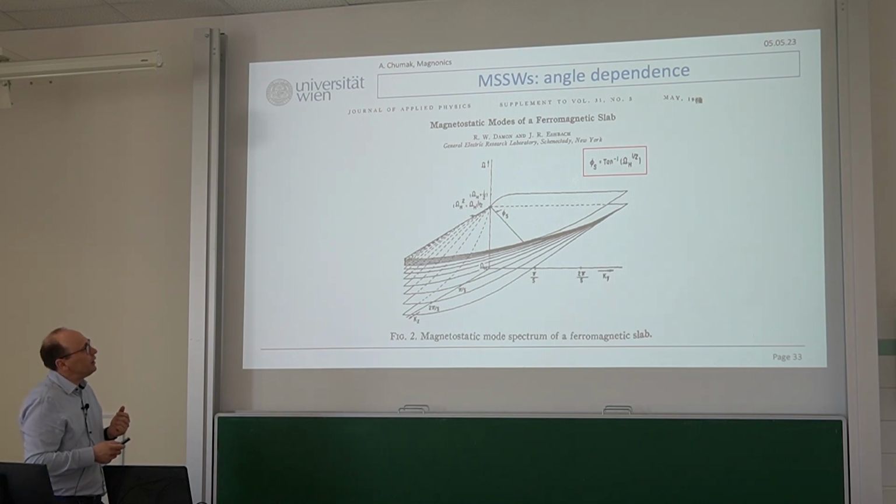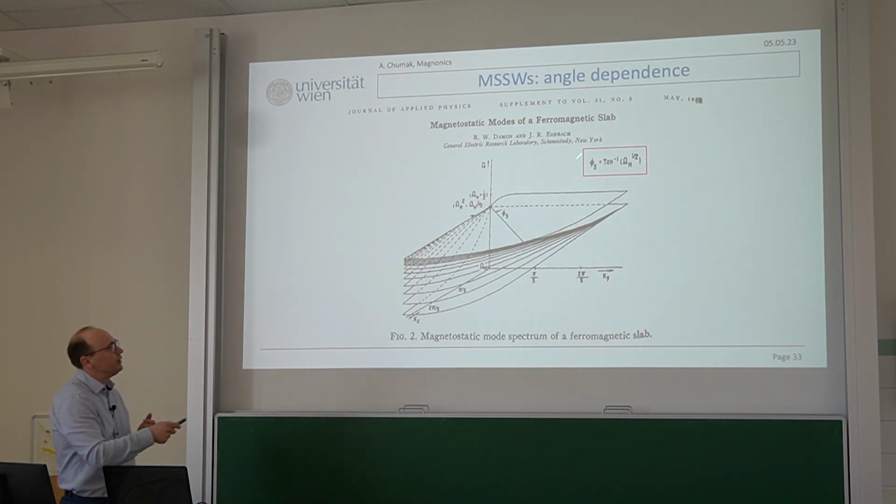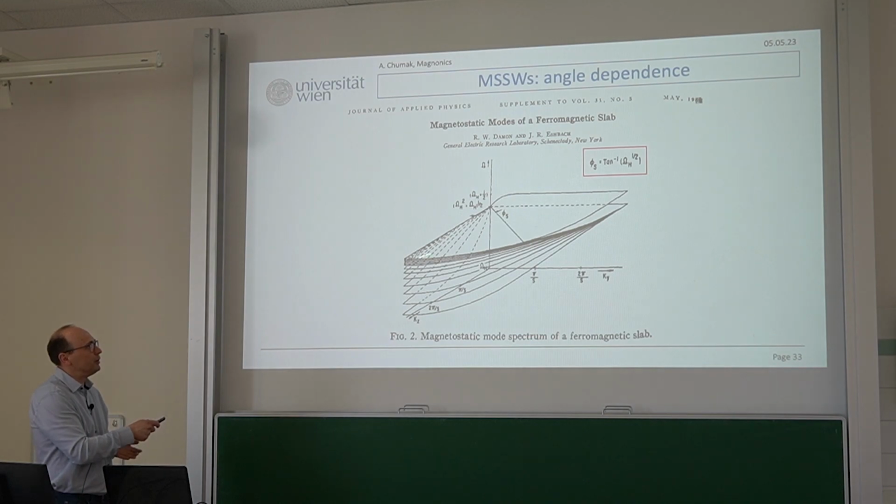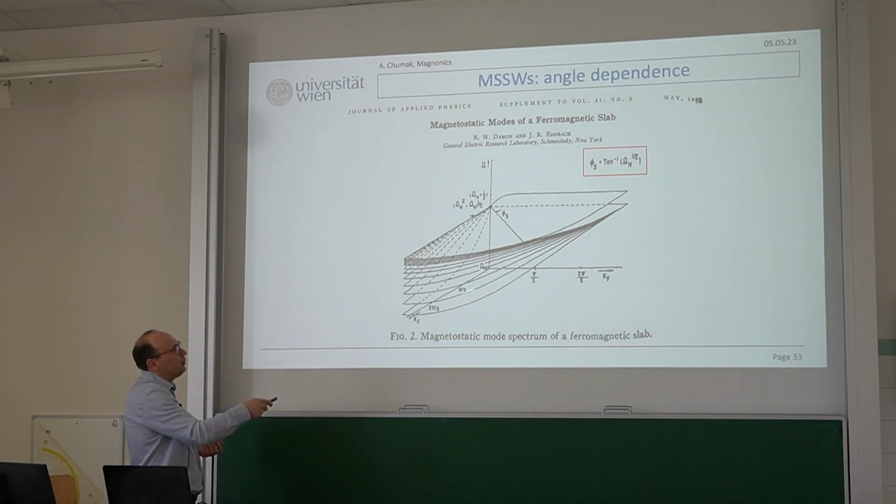And the very last slide. This picture you have seen already when we discussed backward volume. There are higher thickness modes for magnetostatic surface waves, Damon-Eshbach. There are no higher modes, and the backward volume exists in the whole range for all angles.